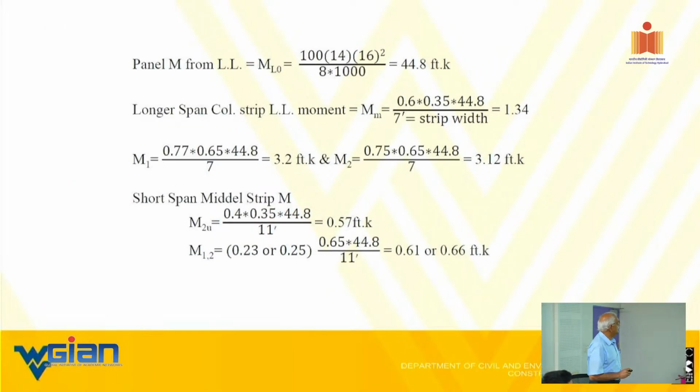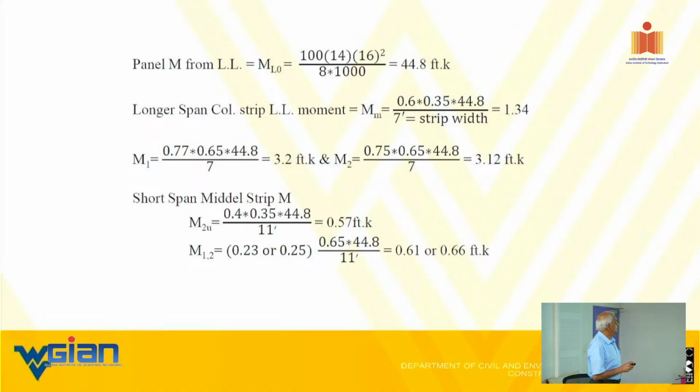The panel moment live load is live load. You remember the 100 feet? That's your P or W, L^2 over 8. That is the width of your panel over, like a T-beam effect, over the beam.